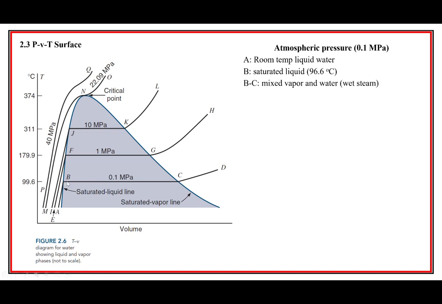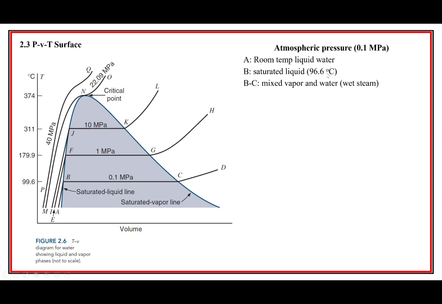Then as we move from B to C, like heating up on your stove because it's atmospheric pressure, we will see that the temperature remains the same, and we're going to have an increasing percentage of vapor until it gets all the way up to here. So this will be 100, or they're saying 96.6. They're being very specific.